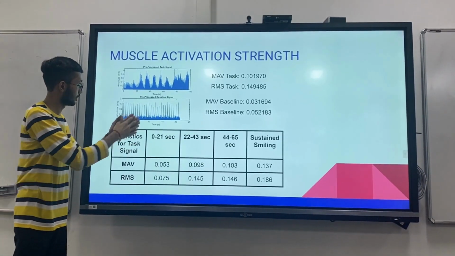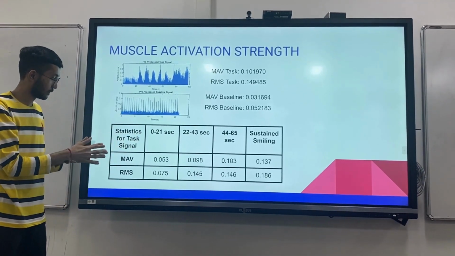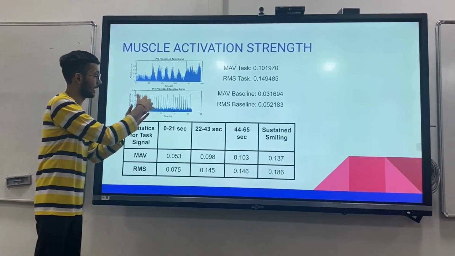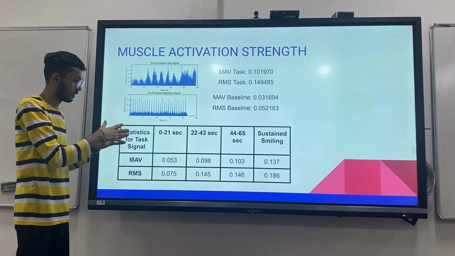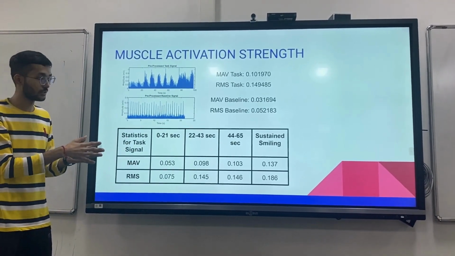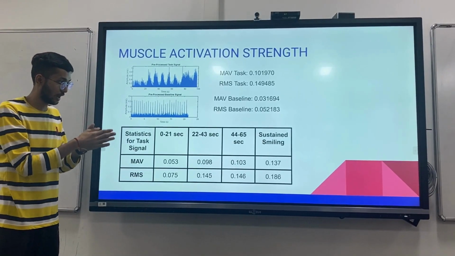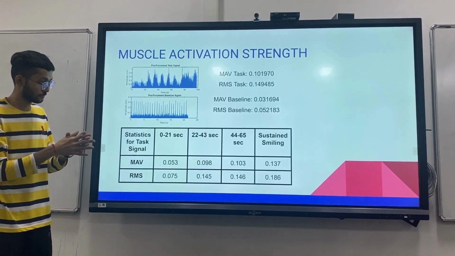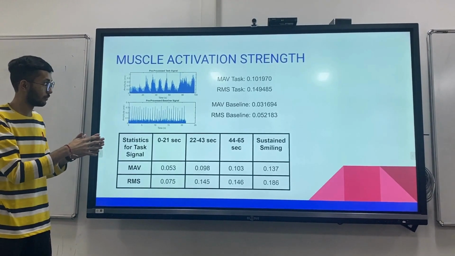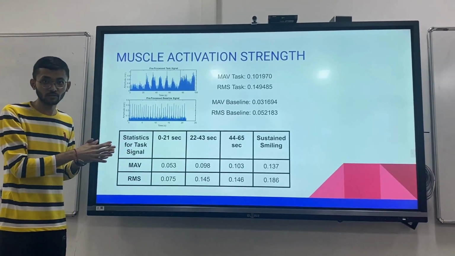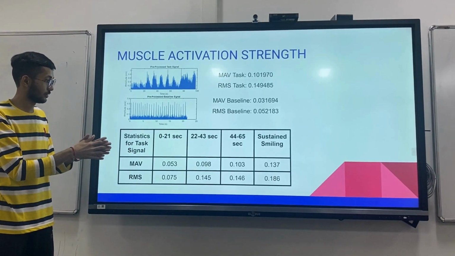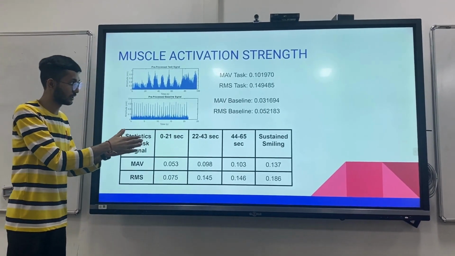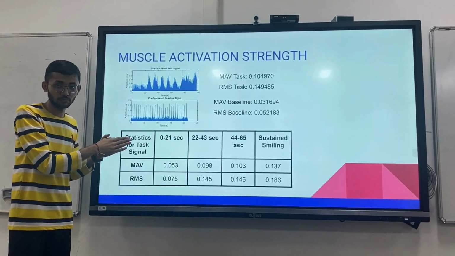Similarly, for the next 20 seconds, the mean absolute value and the RMS value are similar. And for the last 20 seconds, the subject sustained the smiling, so we get higher MAV and RMS value, which implies that the muscle activation was sustained for a longer duration as compared to the previous cases, and obviously it is greater than the baseline value.